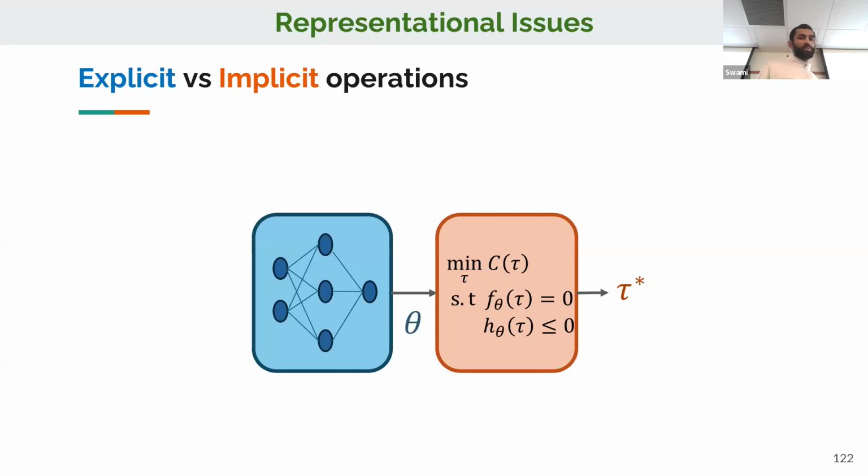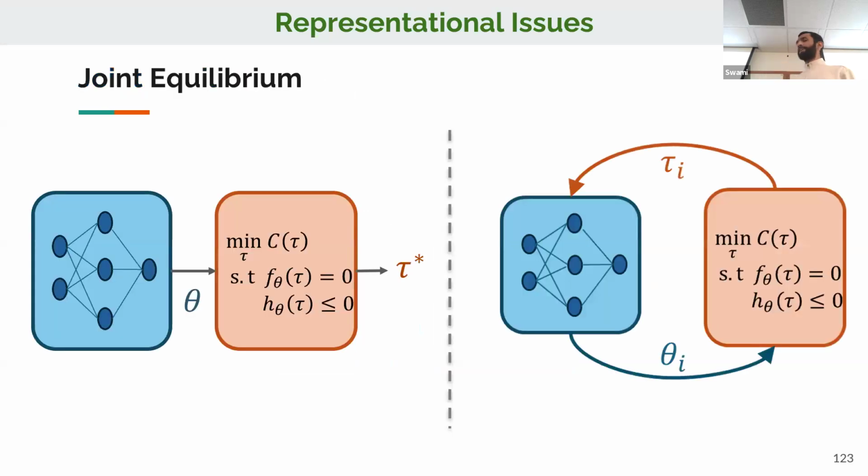And what we'll advocate through both of those works is that to mitigate a bunch of representational issues, you should instead be looking at this inference and optimization problem as a joint problem over your parameters theta and the optimization iterates tau.